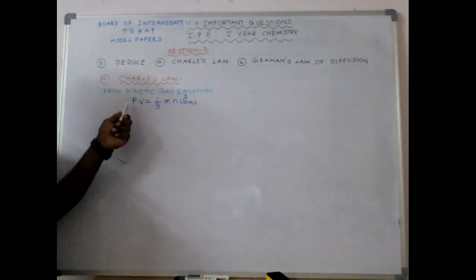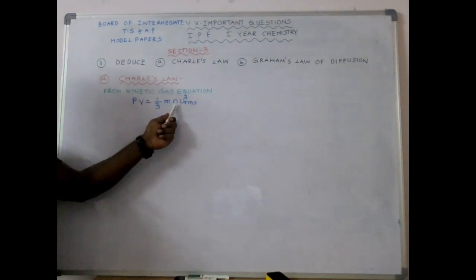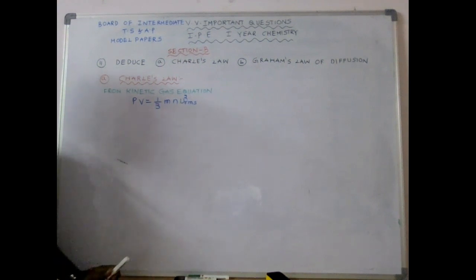PV is equal to 1 by 3 mn URMS square. P is pressure, V is volume, m is the mass of one molecule, n is the number of molecules, and URMS is the RMS speed of the gas molecule.